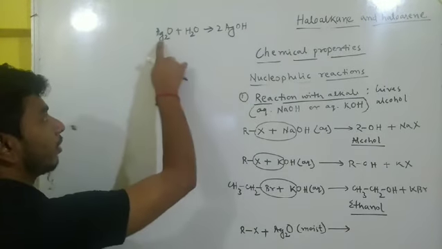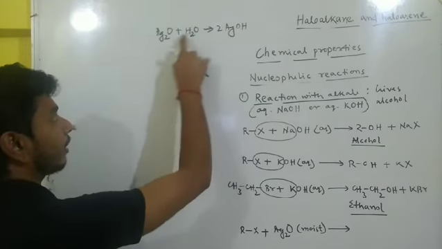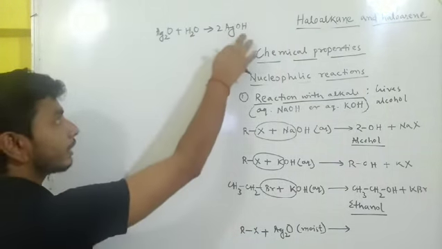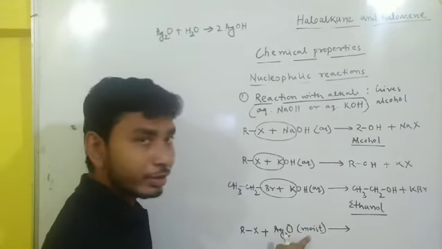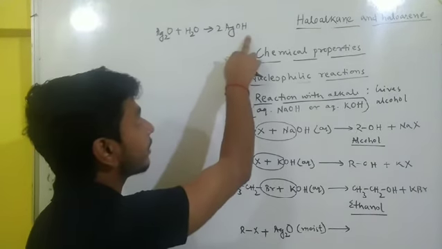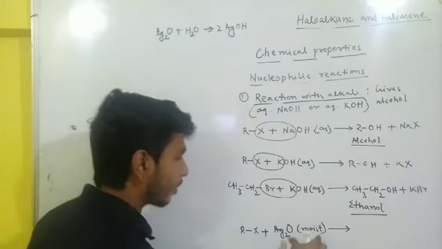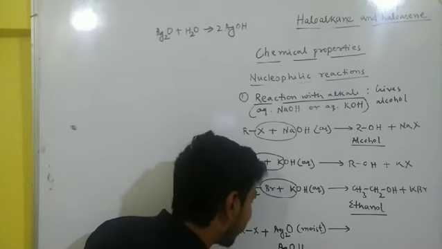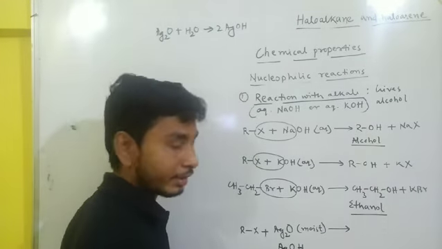So silver oxide in presence of moisture gives silver hydroxide, AgOH. Moist silver oxide is nothing but AgOH.